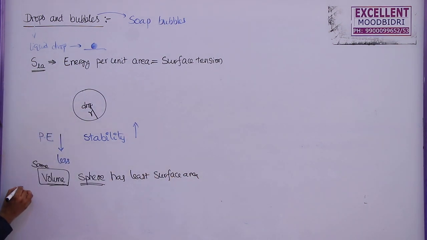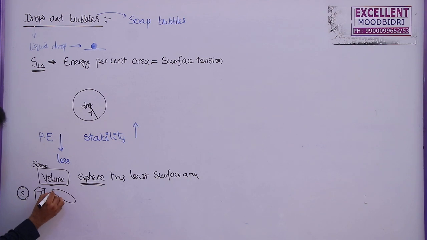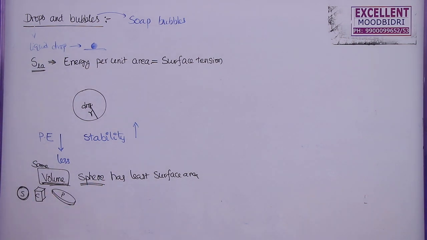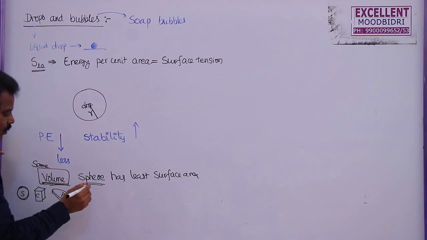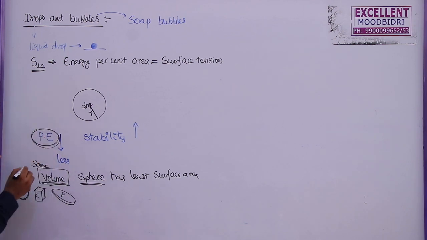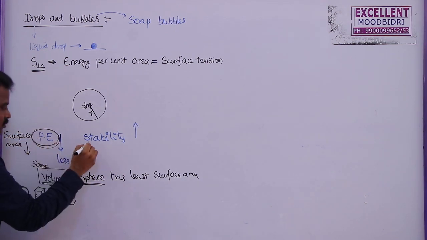That means if you take a sphere here, this is the sphere. If you take a cube, if you take a plate, these are all geometrical structures having the same volume, but which is having the least surface area? Sphere has the least surface area. So that's why, to gain this less potential energy, if surface area is less, then stability will be more.